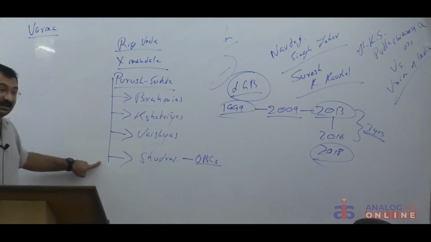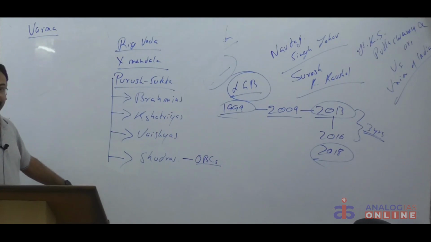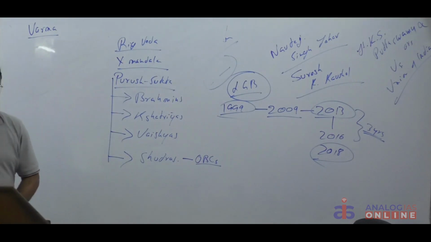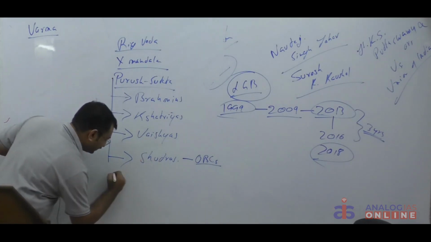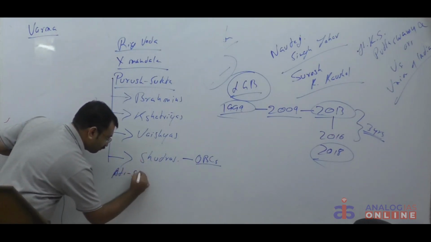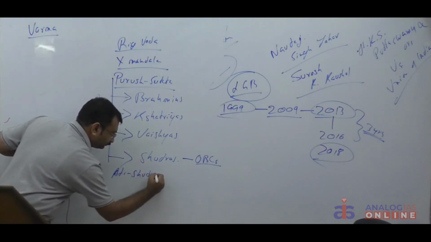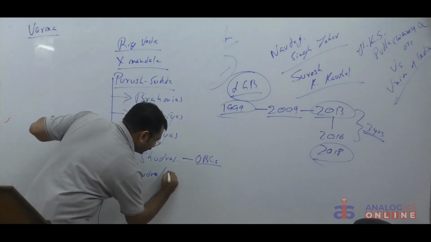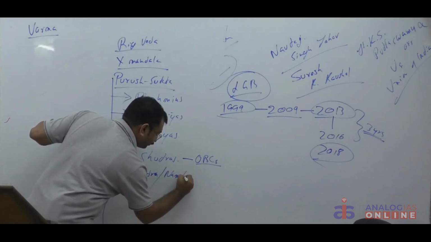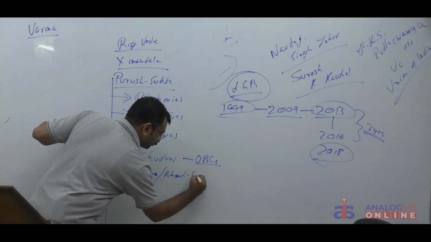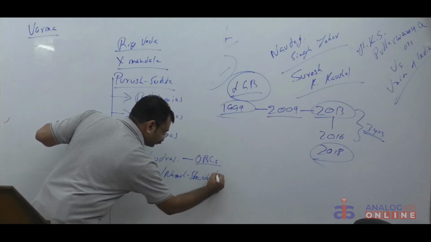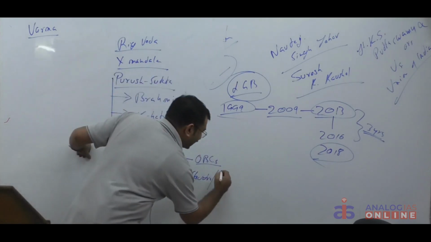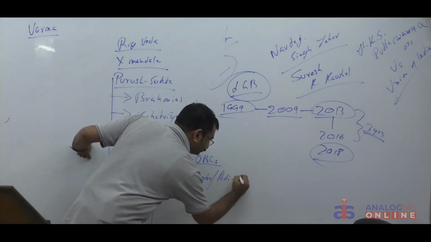So there is someone even below them. At various places they are called by various names. Somewhere they are called Ati Shudra. Somewhere they're called Namashudra. Somewhere they're called Adi Dravidians.